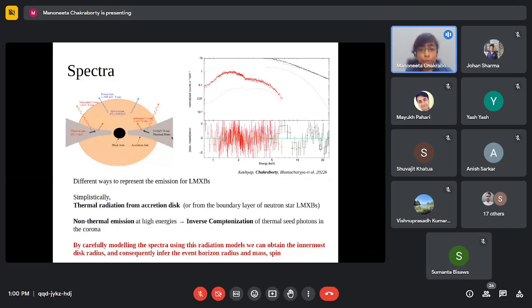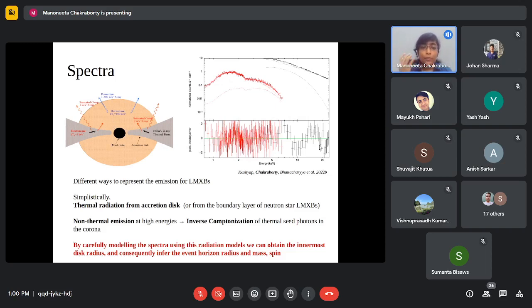If we can clearly study the spectra, the intensity versus energy of these sources, a well-modeled spectra of these X-ray binaries can give us a good handle on how this disk is changing, how the corona is changing, and various parameters of the system like where the inner edge of the disk is, or what is the mass and the spin of the black hole, and so on.